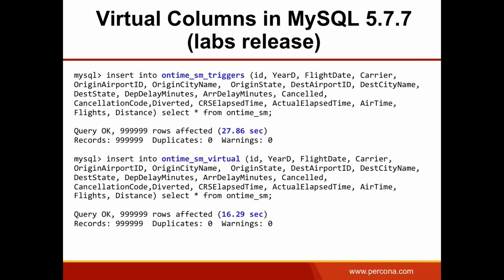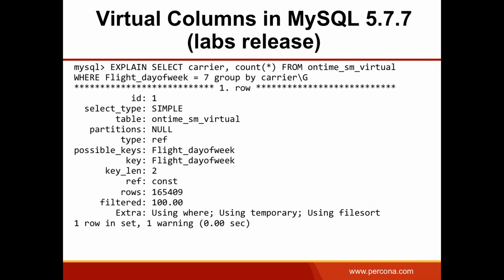The reason why virtual columns are much faster on load compared to triggers is that a trigger will process this trigger function for every row. And the virtual columns are much more optimized and will be able to do many more bulk operations inside. So the load is much faster, but it also will be able to use an index.